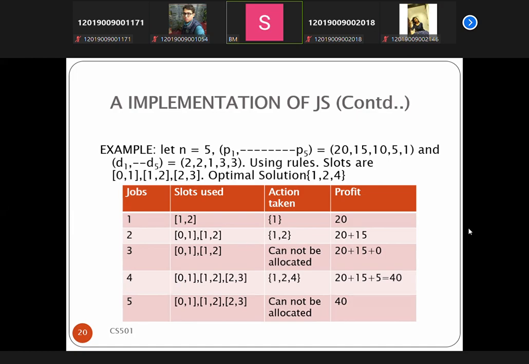Using the rules, slots are 0 to 1, 1 to 2, 2 to 3, meaning 1 unit slot each. So find the solution and check.